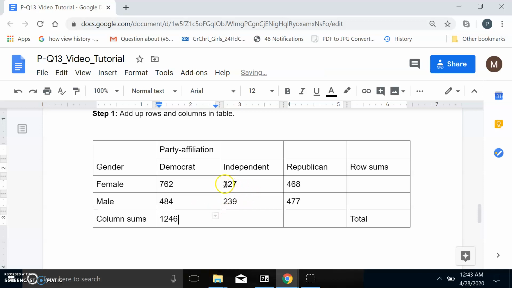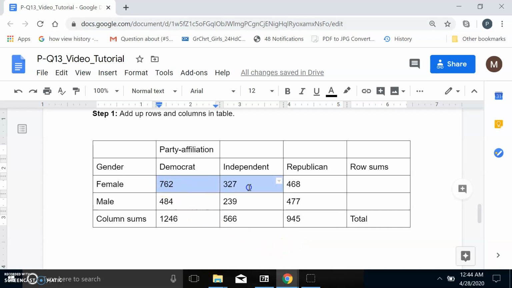Moving on to the next one, adding these two, you get 566. Then the next one, adding those two, you get 945. Okay, so we've done the column sums.